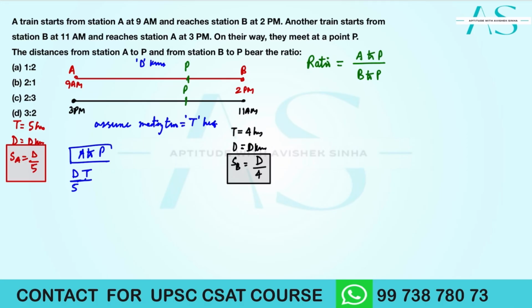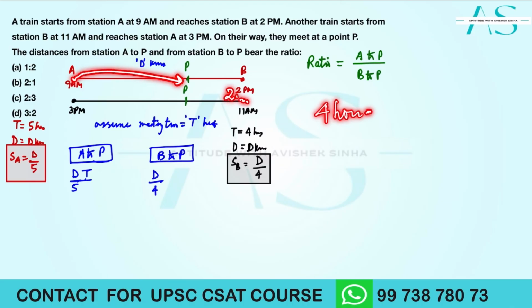Okay, what is the distance from P to B or B to P? जो दूसरा ट्रेन है traveling at a speed of d by 4, it has covered at this speed for how many hours? देखो, if they meet after 4 hours, let's suppose, तो ये ट्रेन तो 4 hours के लिए चल रही है, बट ये वाली ट्रेन तो 2 घंटे बाद स्टार्ट हुई है ना, so this is not traveling for 4 complete hours.